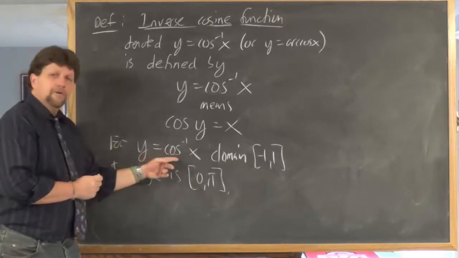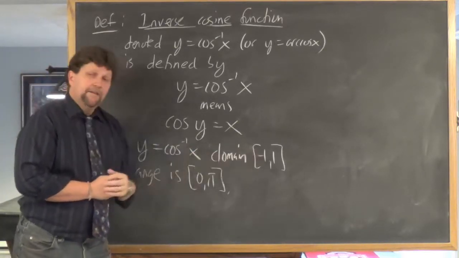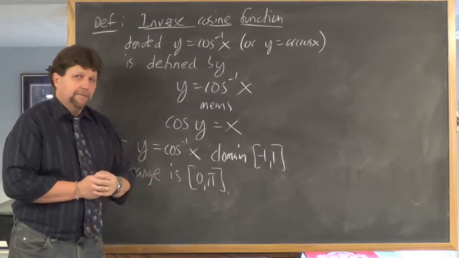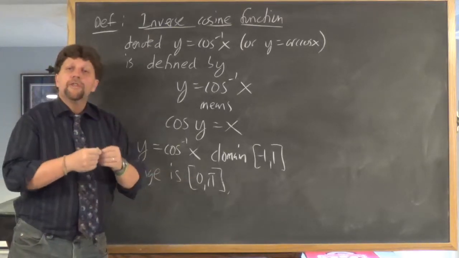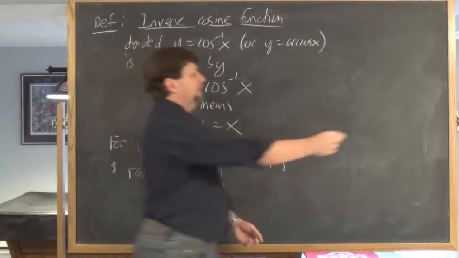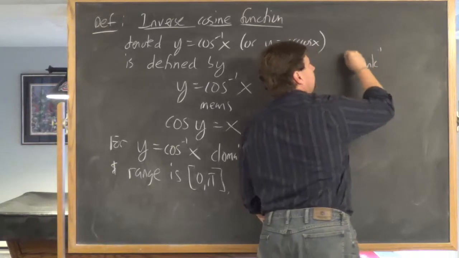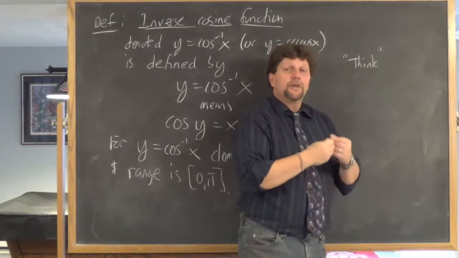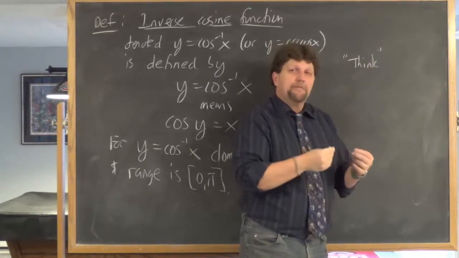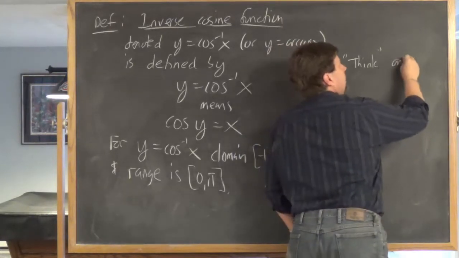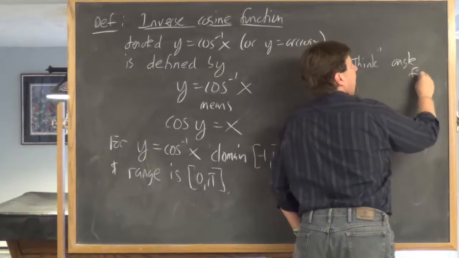For the inverse cosine function, the domain is negative 1 to 1, and the range is 0 to pi. So just like with inverse sine, it's okay to think that the job of inverse cosine is the same type of job as inverse sine. Its job is to be an angle finder.